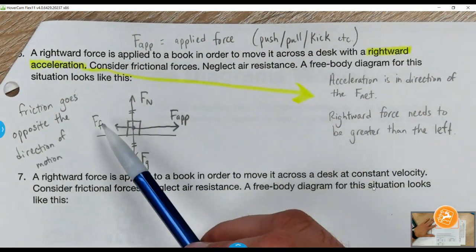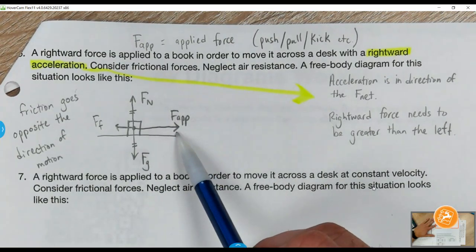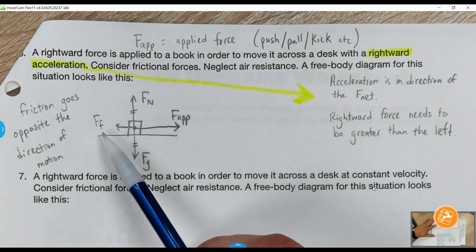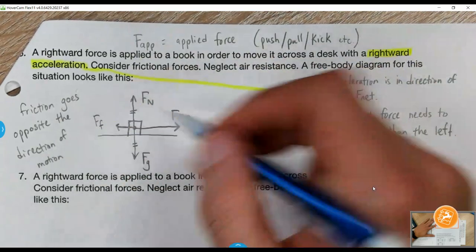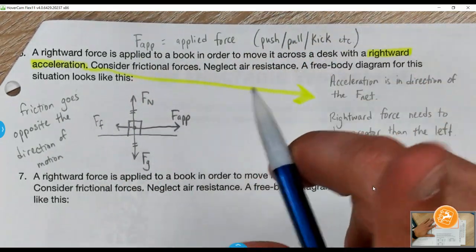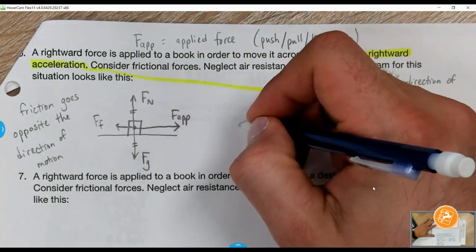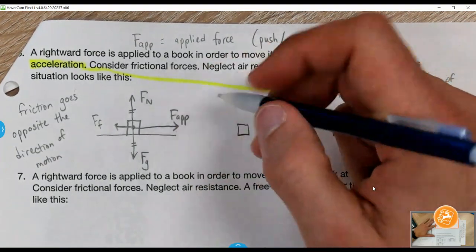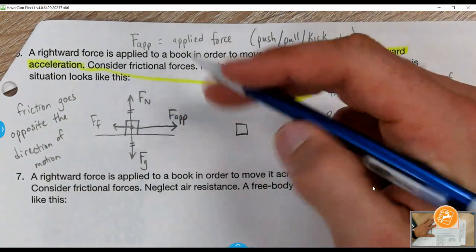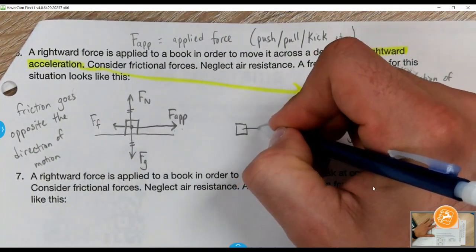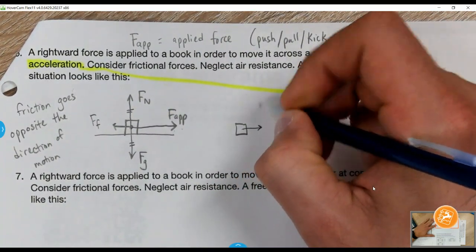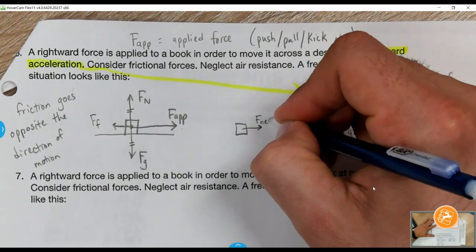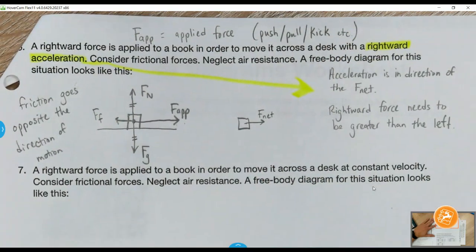It has to be. Since the applied force is greater than the friction force, if we redrew this to show the single net force on it, it would look like this. If the top and bottom balance out, applied force minus friction force would still give us a force to the right. It would be smaller, but that would be your net force.